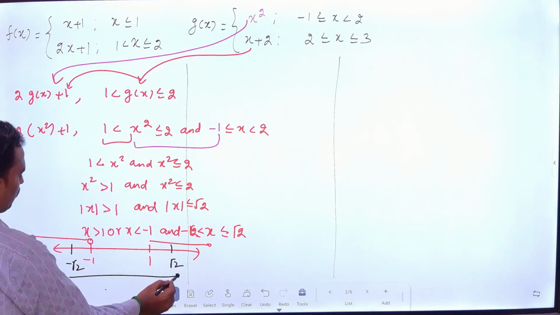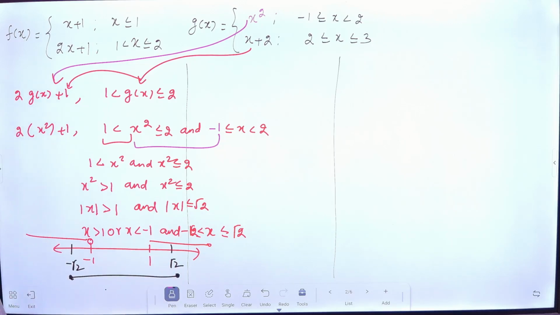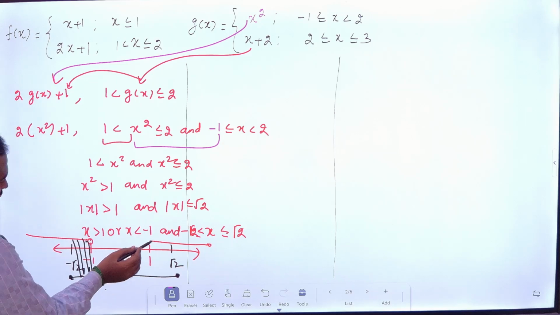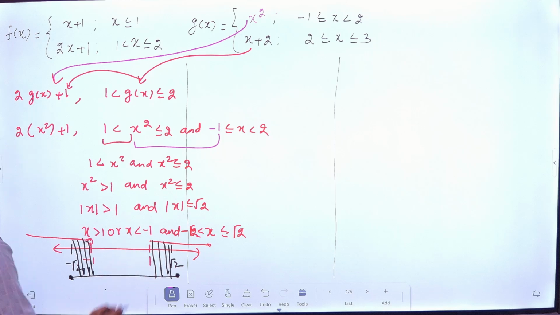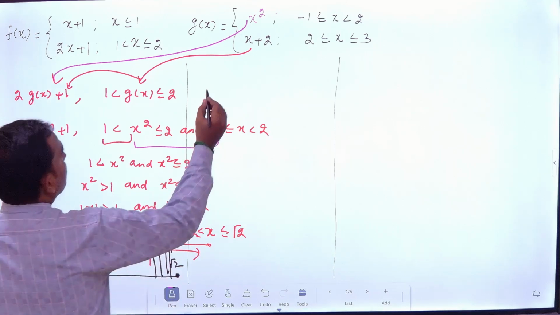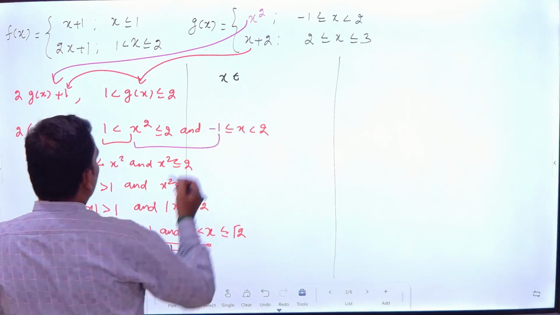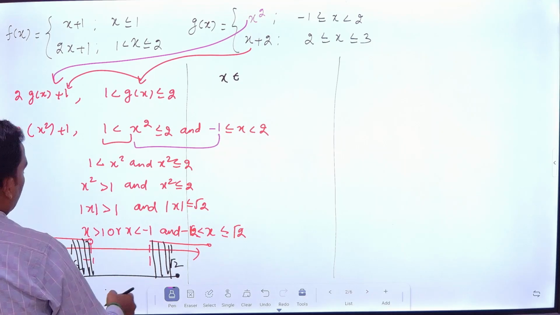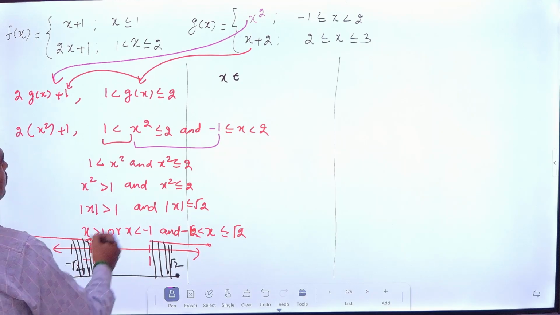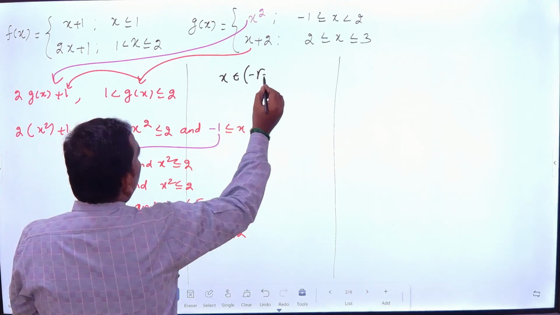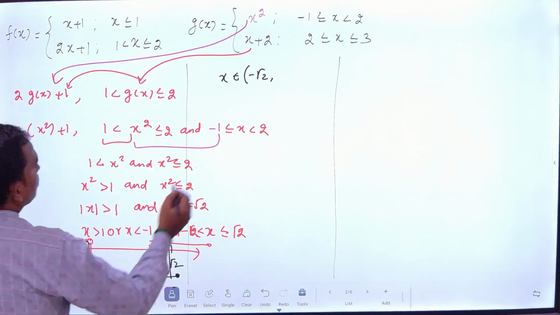So both will be included, right? Okay, which is common? Which is common in these two intervals? You can see this is common, right? This will be common. Therefore, what is the intersection here? X belongs to minus square root of 2 to minus 1.